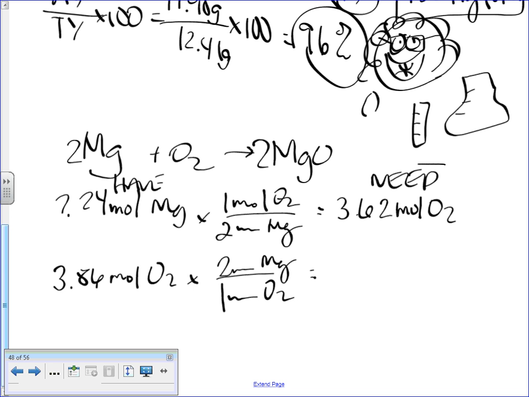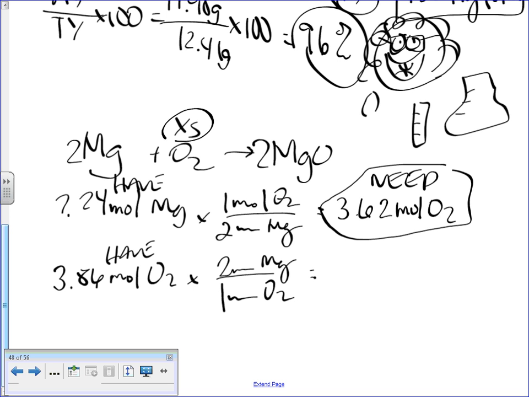And I'm actually going to go ahead and compare that to that. This is how much I have. So I got 3.86, only need 3.62. I got excess oxygen. So let's just doubly confirm this one.